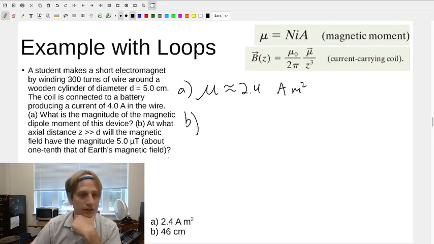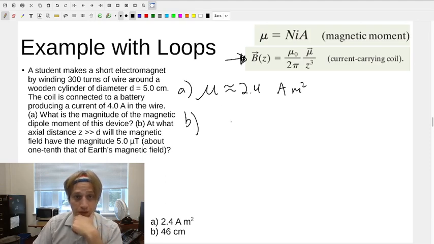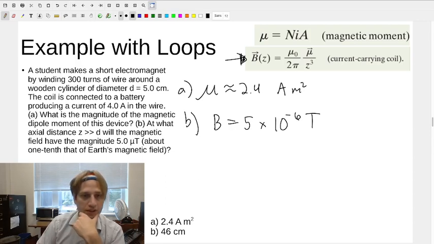Now part B on this example asks, at what axial distance, where z is much bigger than d, will the magnetic field have a magnitude of about 5 microtesla, about 1/10 of the Earth's magnetic field? Well, in this case you could use your expression here, where they've already told us that the axial distance is much bigger than that 2.5 centimeters. B is 5 microtesla, so 5 times 10 to the minus 6 Tesla, and you want to solve for z.